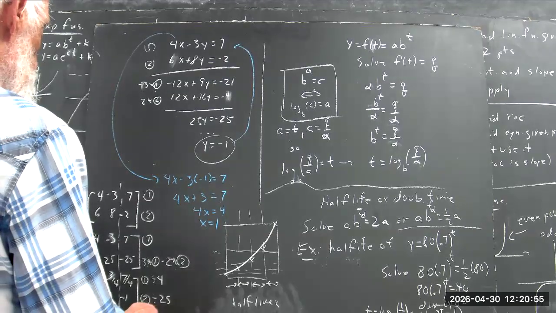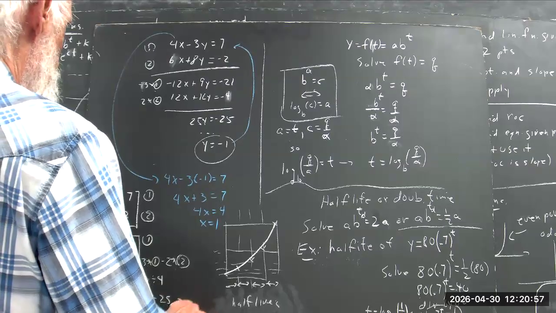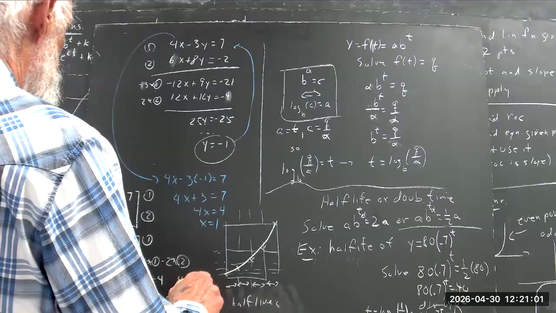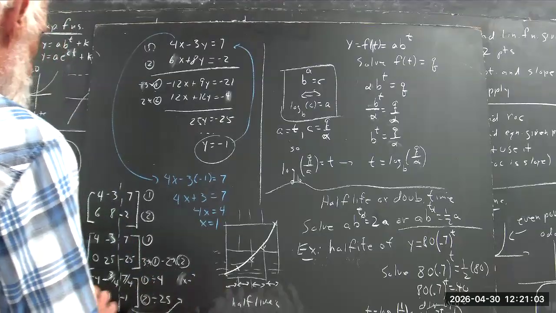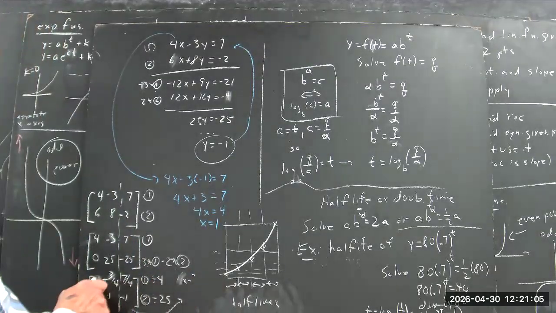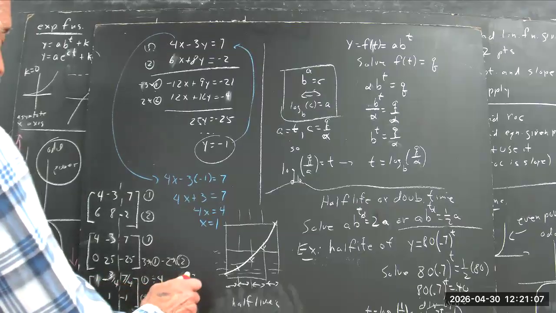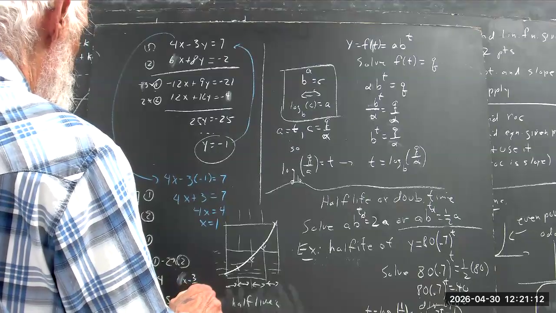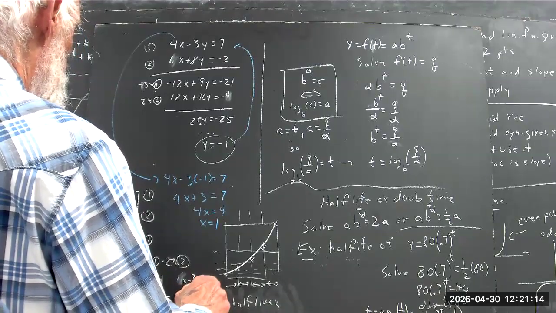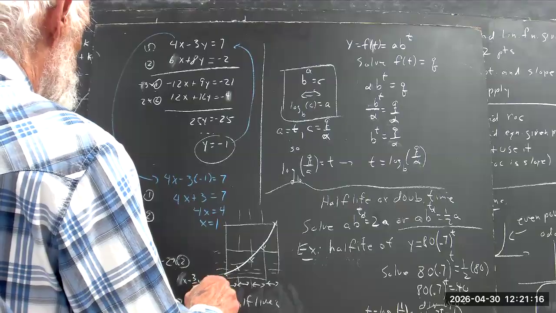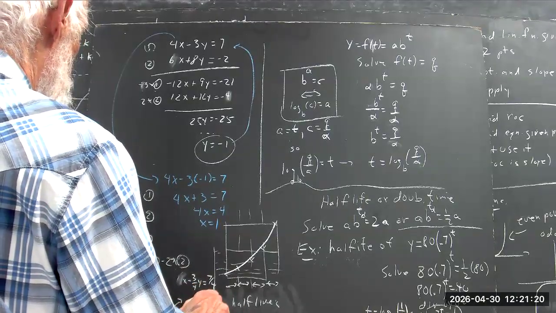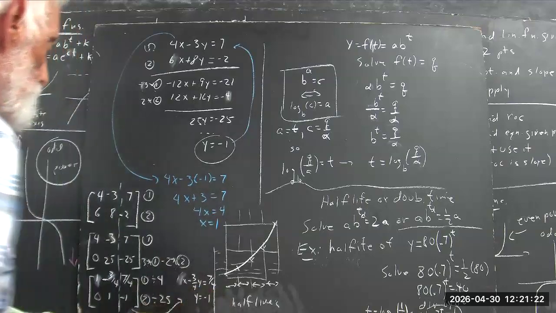As a matter of fact, it's going to give me the 2 equations. If I divide by 4, I'm sorry, I had a 4 here, it could have been a 1. I get x minus 3/4 y equals 7/4, and y equals -1.